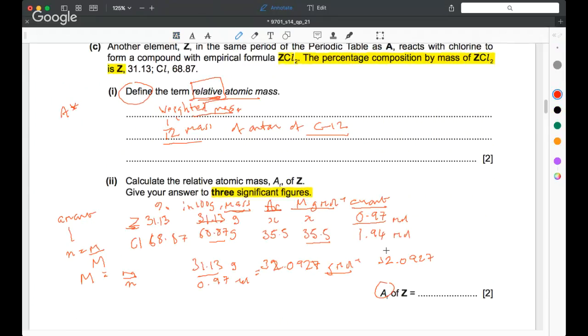So 3 significant figures is going to give us a result of 32.1. And because this is a relative atomic mass, it's compared to something else. It's relative. There's no units. So our answer there, 32.1.